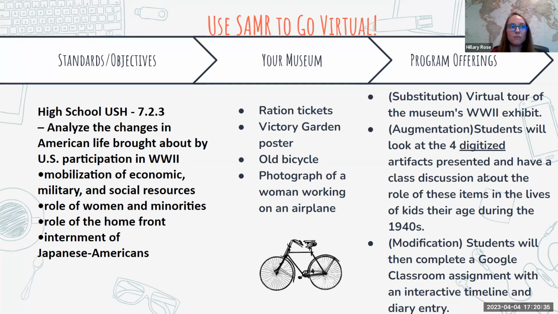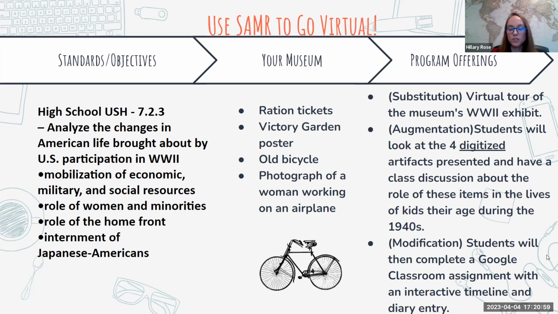And then they can have a virtual class discussion, whether you're live presenting to them and interact with the students on camera like we are, or they're in the chat, or if it's asynchronous, maybe they could be responding to like a message board. So this is augmentation. You're going to be enhancing it a little bit with some digitized artifacts.